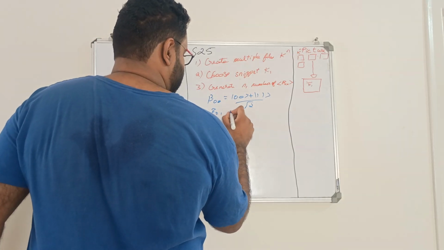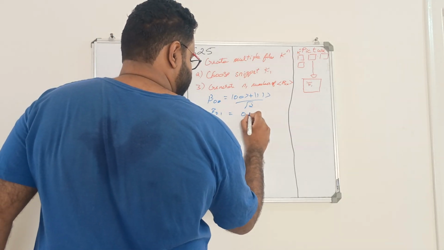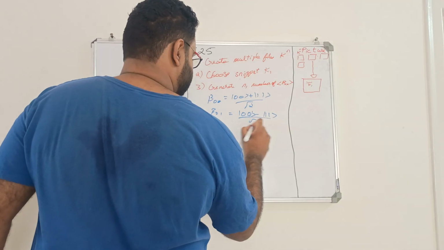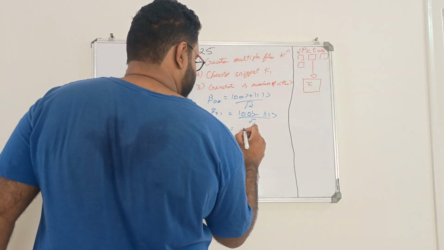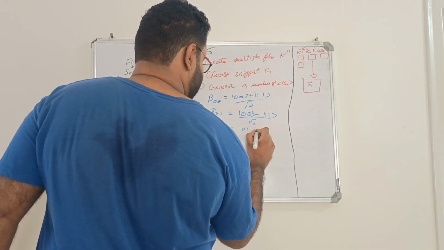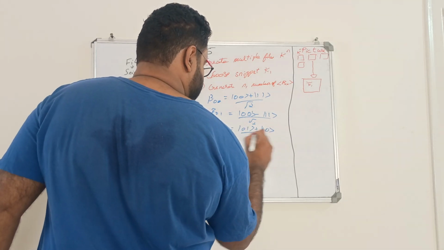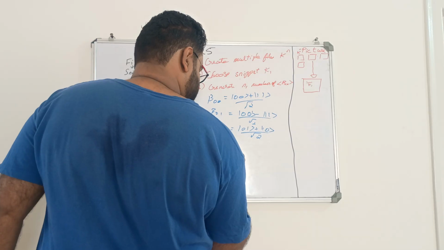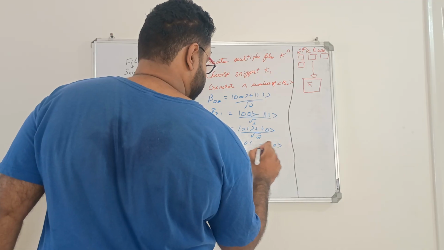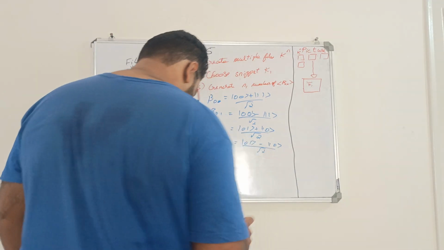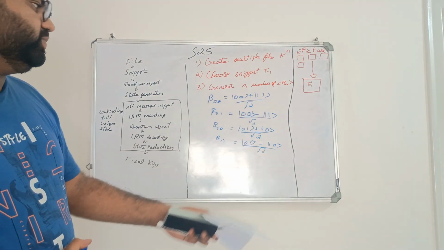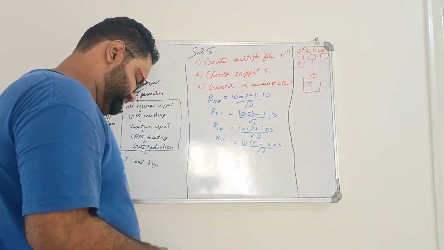Beta 01 is going to be 00 minus 11 over square root of 2. Then beta 10 is going to be 01 plus 10 over square root of 2, and then beta 11 is going to be equal to 01 minus 10 over square root of 2. So I'm going to be picking n1 number of qubits with either of these configurations.